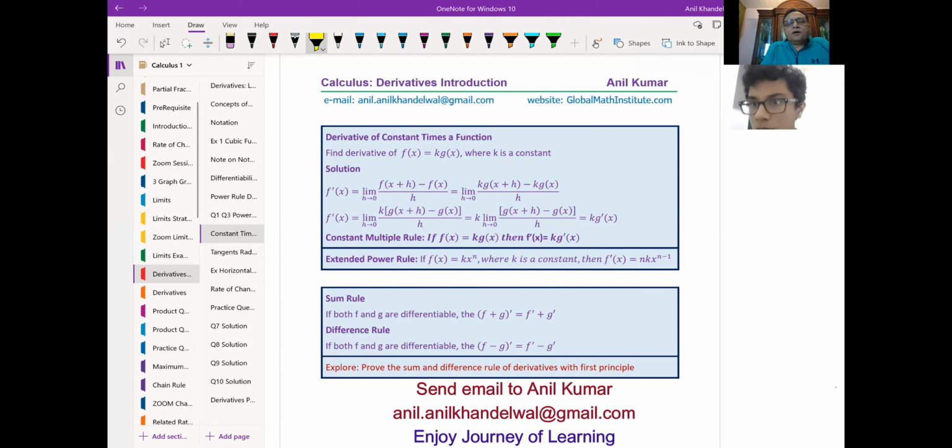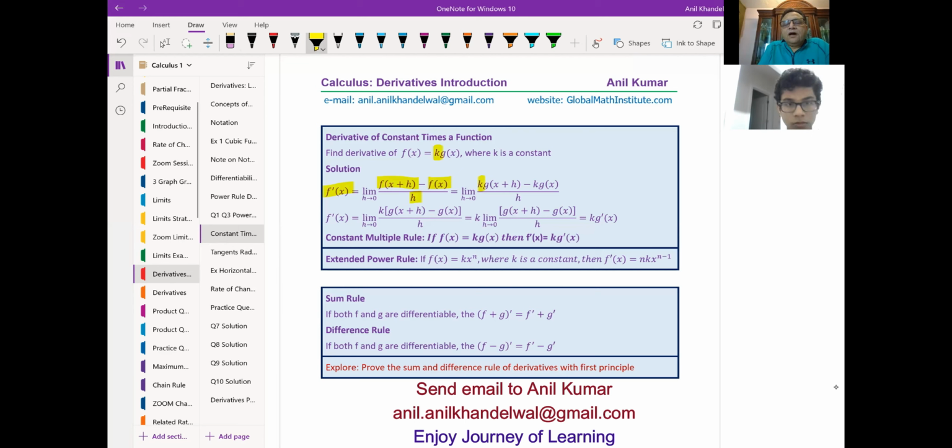As you know, we found the derivative, which is written as f prime x, as the limit as h approaches 0 of f of x plus h minus f of x over h, right? Yeah. So that is the derivative. If you multiply the function with a constant k, then the whole derivative gets multiplied by k.